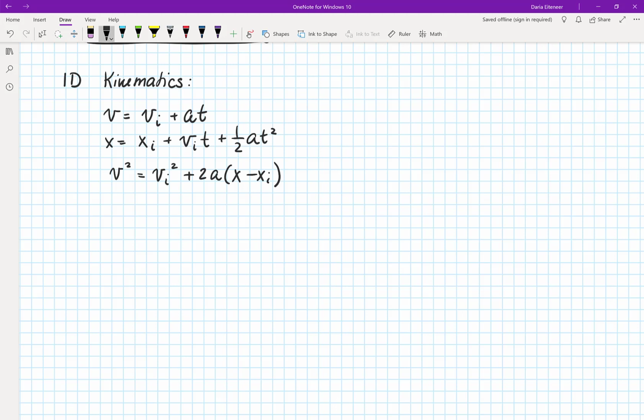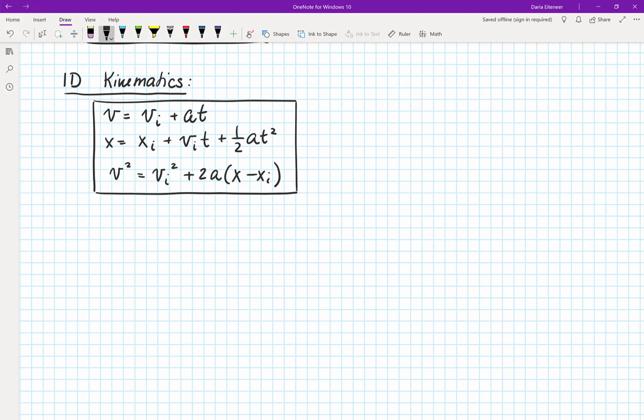Okay, so this equation also, you don't have to derive it, although I just told you how you would derive it. These three equations collectively are what I'm calling 1D kinematics equations. And you can solve pretty much any kinematics problem using some combination of these three equations.